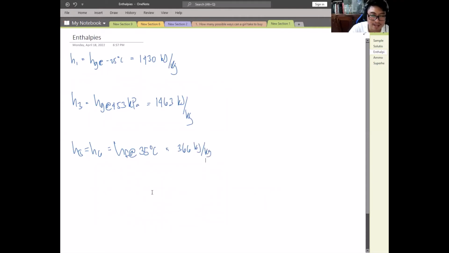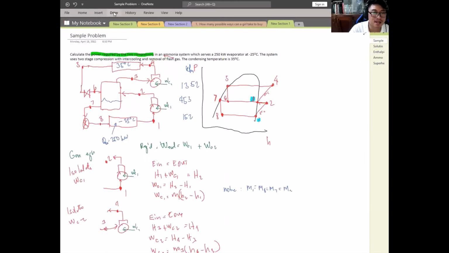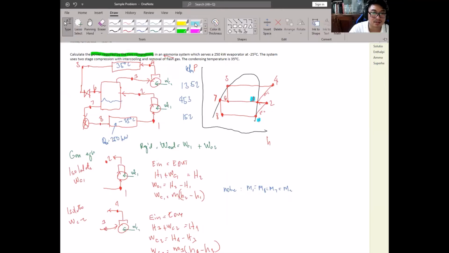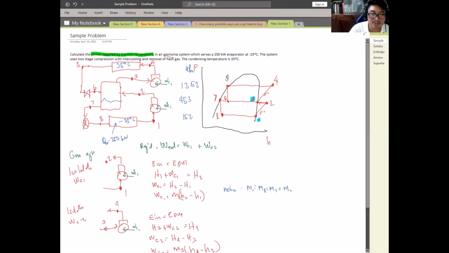Pero I'm advising you na lagyan yung decimal. Okay? So next, highlight muna natin para hindi tayo malito. Okay, H5 and H6. Next, H7 naman. So H7 at 453 kPa.